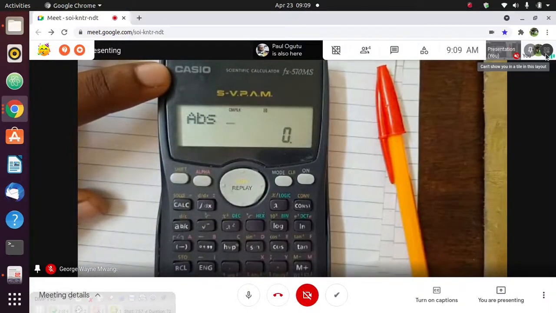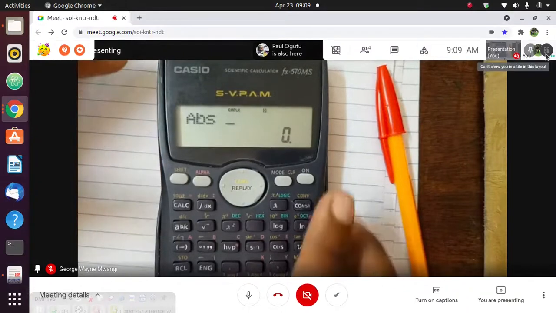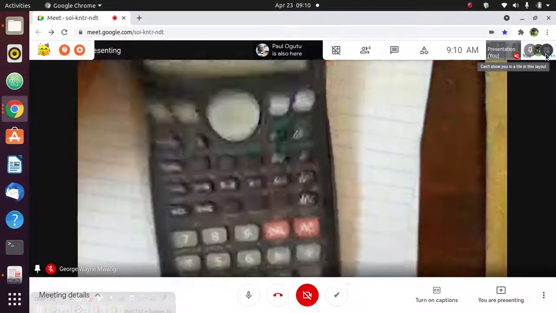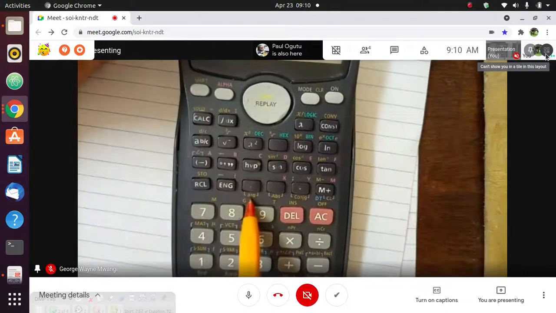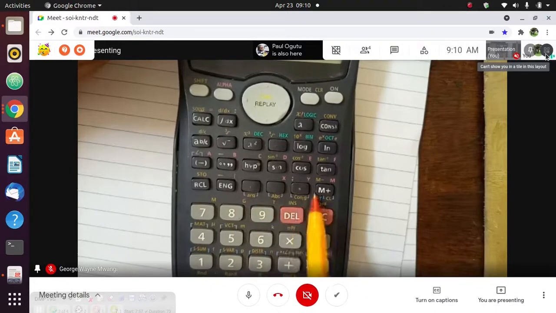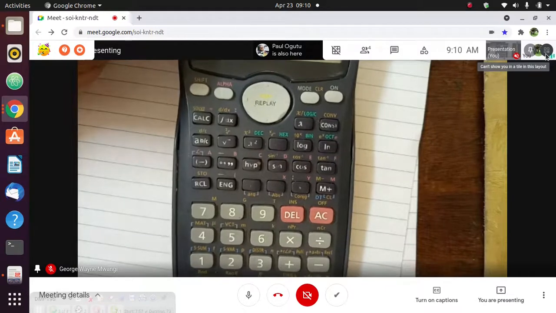So Paul and Fiona, umeweza kufanya hiyo? Tafuta mahali hapa. If you have the same calculator as I have, iko mahali hapo chini. Tafuteni mahali tu pameandikwa absolute and argument. Fiona, unaona mahali pameandika absolute na argument?